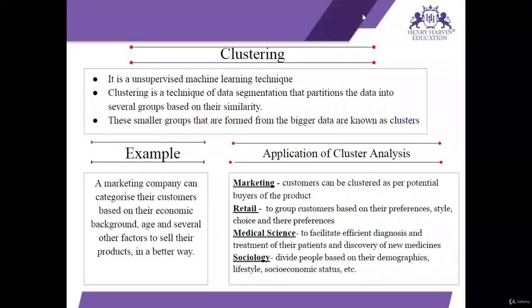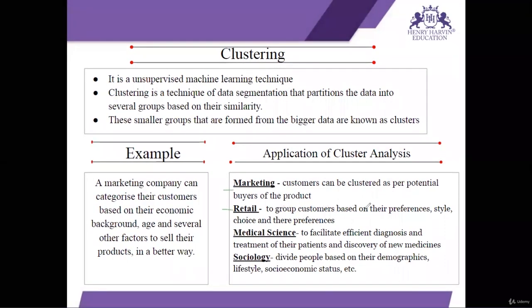It can be used in retail to group the customers based on their performance, style, choice, and their preferences. It can be used in medical science to facilitate efficient diagnosis and treatment of patients and discovery of new medicines. Sociology to divide people based on their demographic, lifestyle, and economic status, and any other factor that can be responsible for the making of clusters.